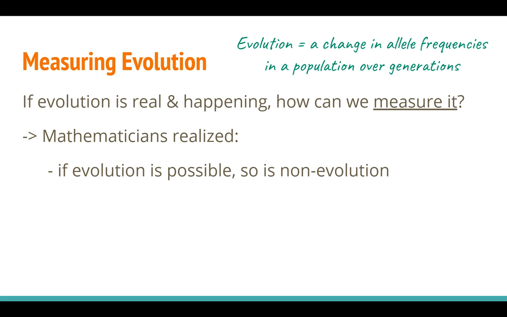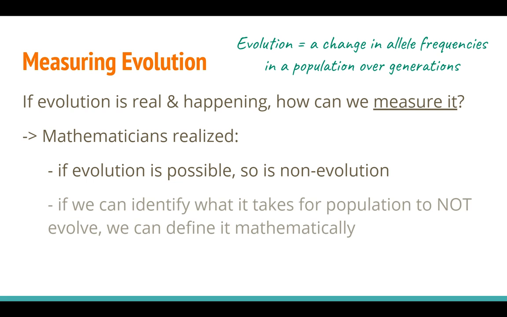They said, okay, if evolution is possible, if it's possible for the allele frequencies in a population to change, it must also be possible for them to stay the same, right? For non-evolution to occur. So if we can figure out what makes populations stay the same versus what makes populations change in terms of the allele frequency, we should be able to give a mathematical definition for what evolution is.